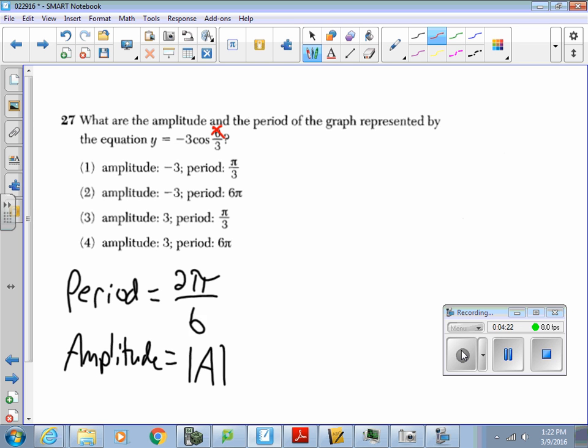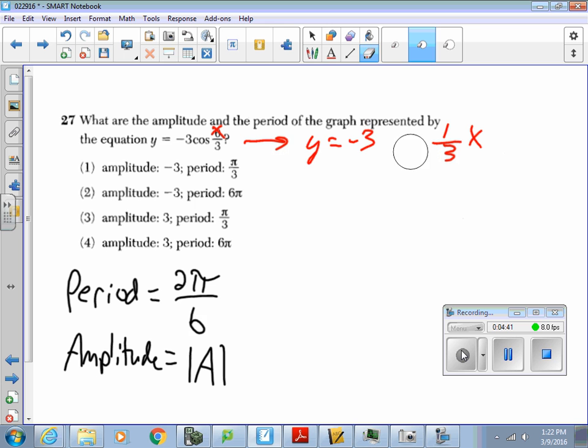Also, you should recognize that when you have x over 3 or theta over 3, that's the same as y is equal to negative 3 cosine of 1/3 of x. So those are the same, which will become important when we talk about the period of the graph, not the amplitude, but the period of the graph.